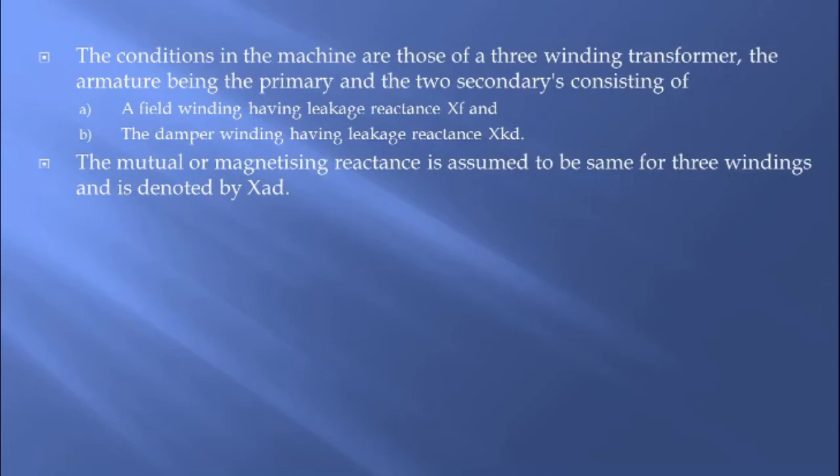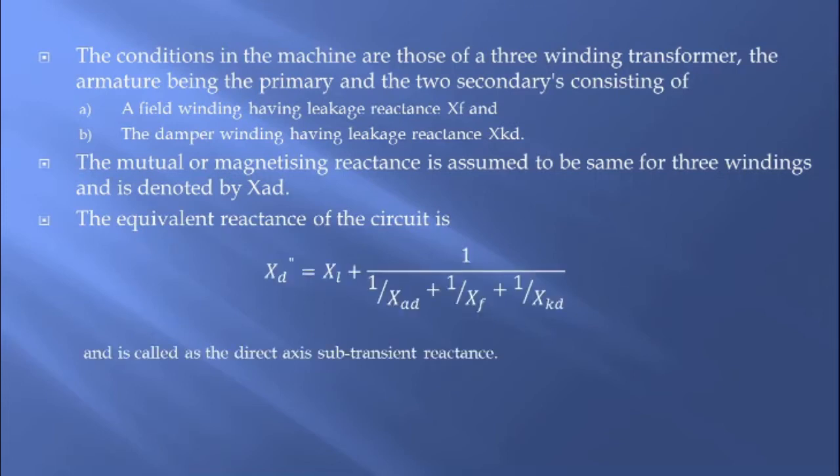These three reactances are in parallel, and the equivalent circuit reactance is given by XD double dash equals XL plus the parallel combination of XAD, XF, XKD. Whenever there is a parallel combination, it is the reciprocal of the sum of reciprocals, and a similar relationship applies to the reactances, which will give you the value of XD double dash.